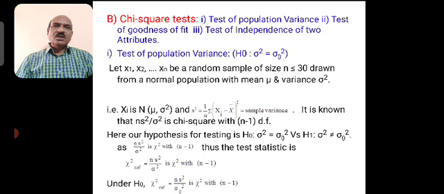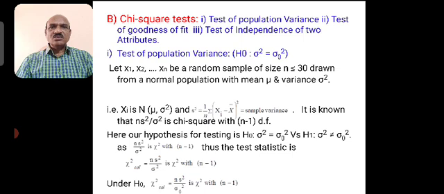And we know that all the xi's are normal with mean mu and variance sigma square, and the sample variance is given by s square equal to 1 upon n summation xi minus x bar square. If it is the sample mean square, then it is 1 upon n minus 1, same thing. Now we know certain results: one result is n s square by sigma square is chi-square with n minus 1 degrees of freedom, where s square is the sample variance.